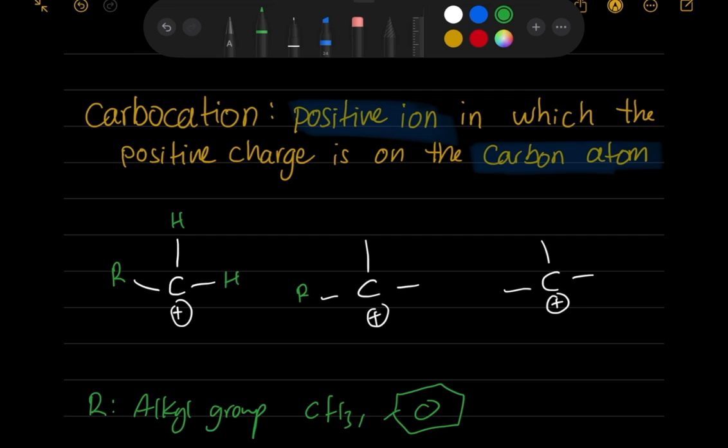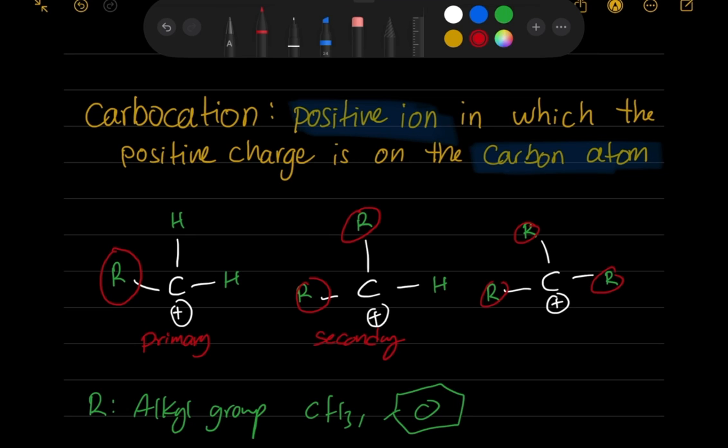We could have two alkyl groups and one hydrogen, and we could have all of the groups to be R. We call the first one, which is bonded to one alkyl group, a primary carbocation. The one that is bonded to two alkyl groups is called secondary. And the third one, which is bonded to three alkyl groups, we call tertiary.